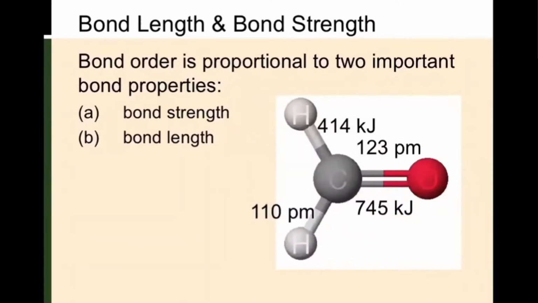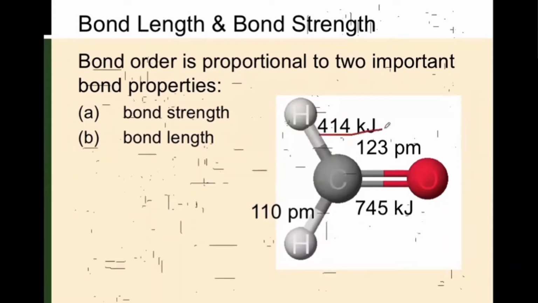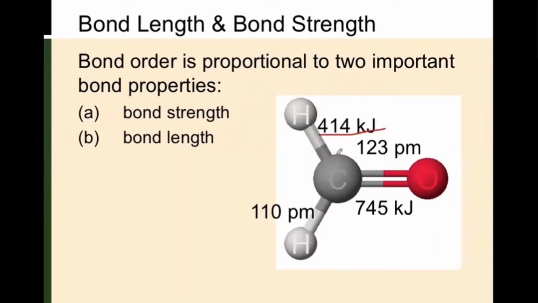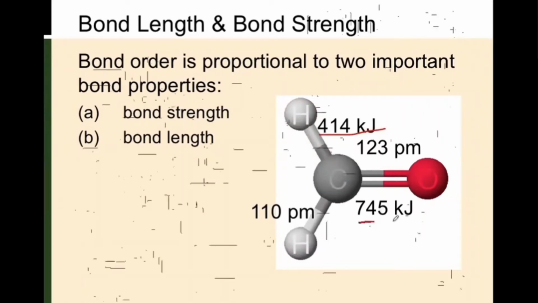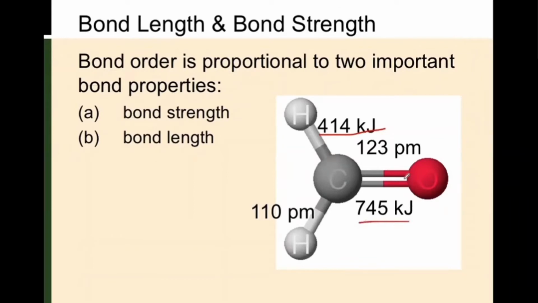So, bond length and bond strength. Bond order is proportional to two important properties: bond strength and bond length. So here we have the carbon hydrogen bond. Its energy is 414 kilojoules. The energy of a carbon oxygen double bond is 745 kilojoules, even though the length is longer.